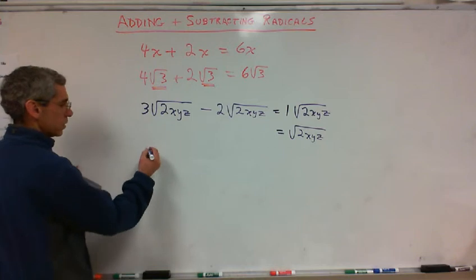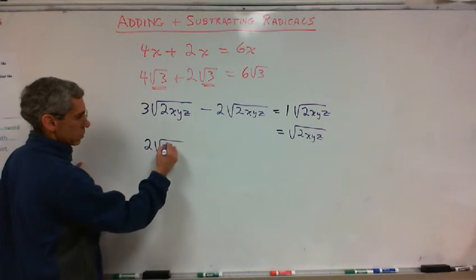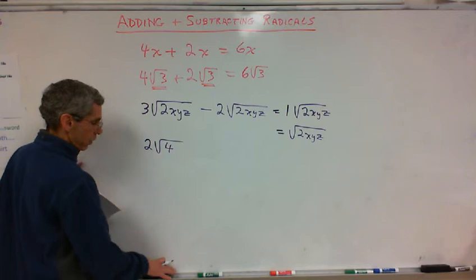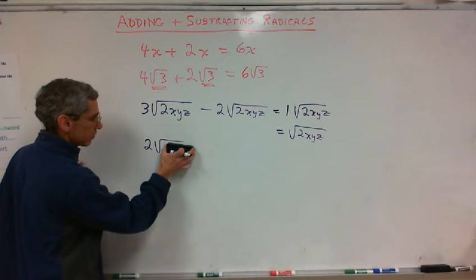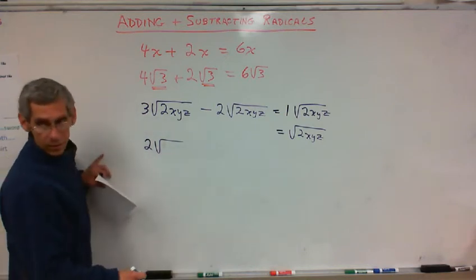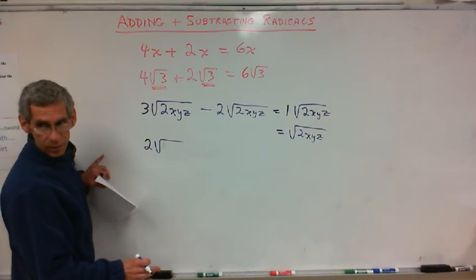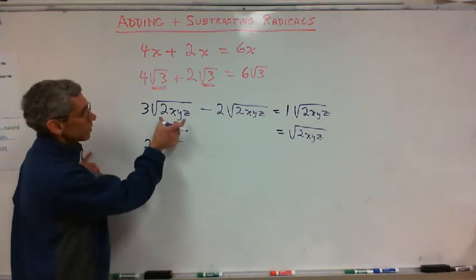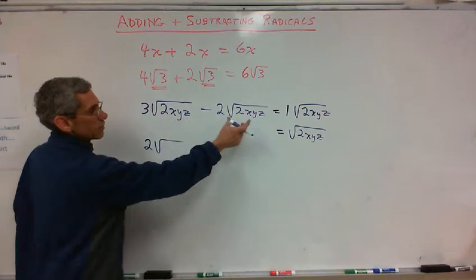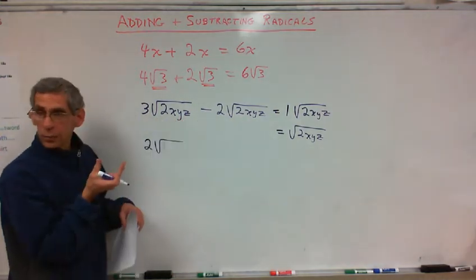Do you understand that as long as what's underneath the square root sign is exactly the same, then these are your coefficients? I made it look weird on purpose.